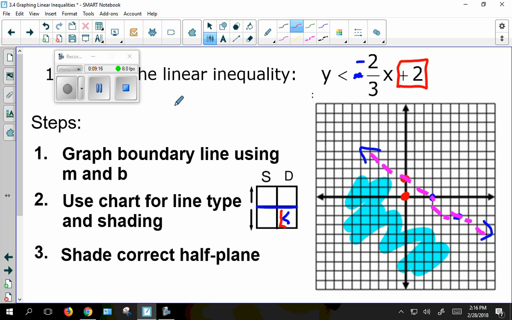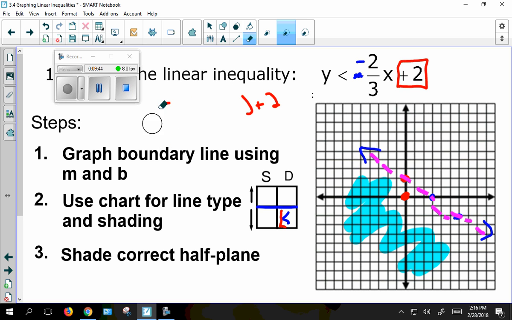So instead of y, I'm going to put 0 is less than negative 2 over 3 times 0 plus 2. So I get 2. Is 0 less than 2? Is that true? Yes. Remember, the monster eats the bigger number. Is 2 bigger? Yeah, so that's true.